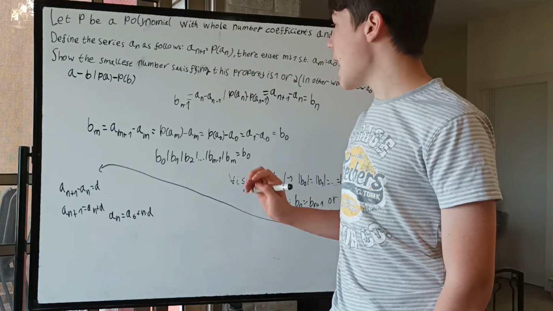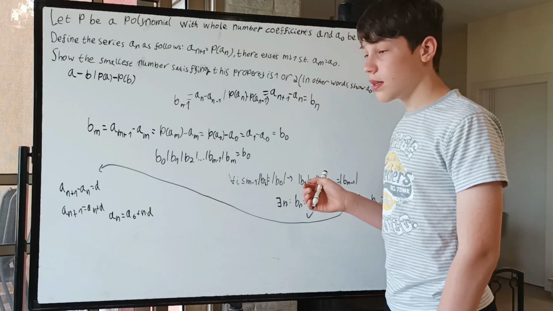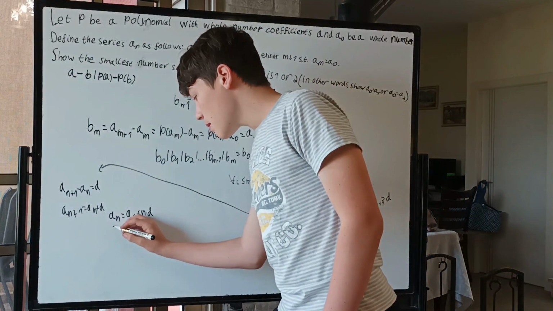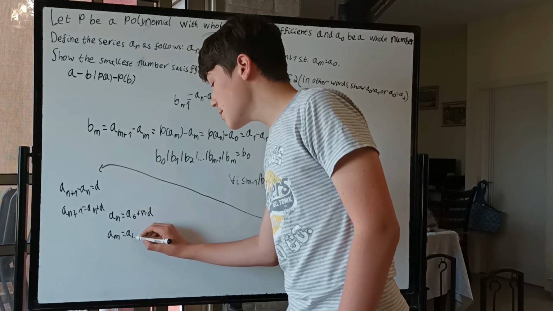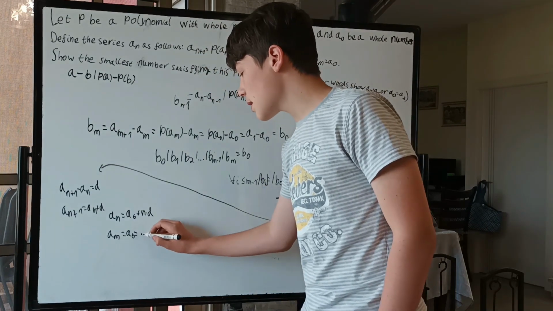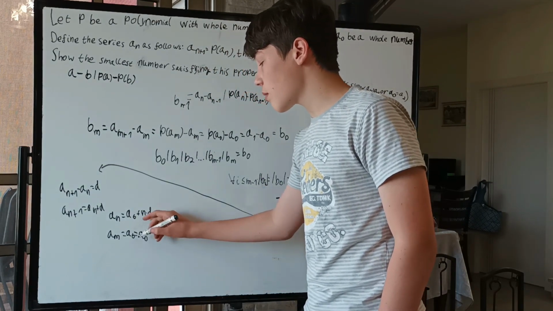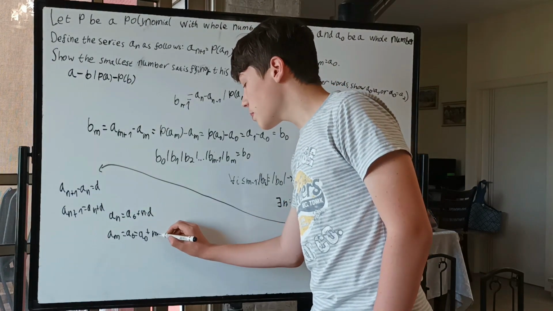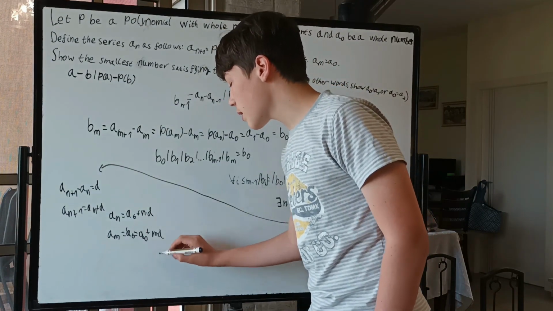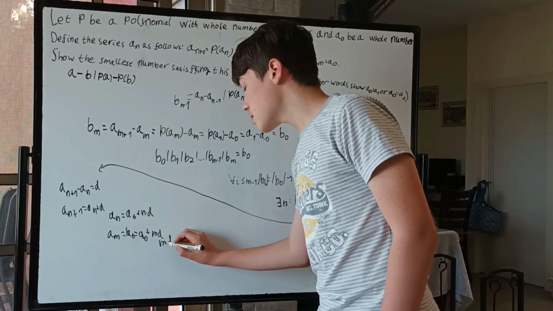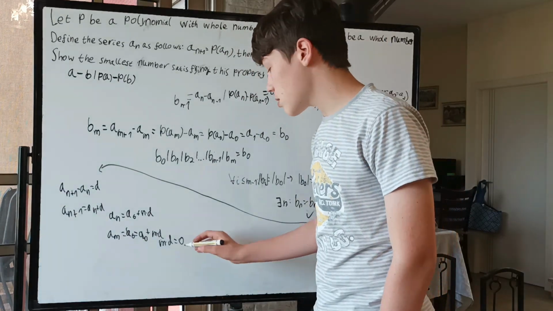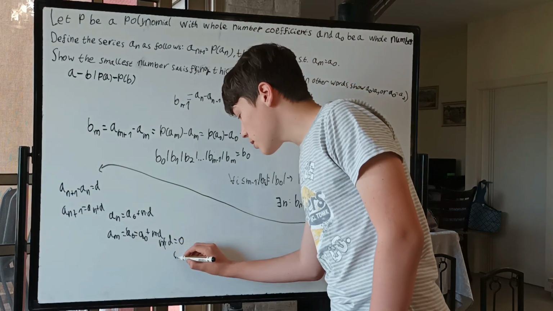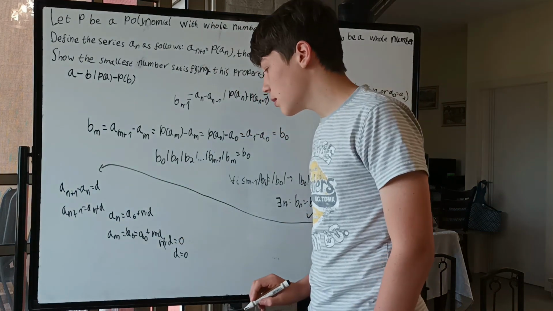But now, am suddenly seems to really help us out here, because am is equal to a0. But this is also, by our arithmetic sequence, a0 plus m times d. So a0 cancels out, m times d is equal to 0, m is bigger than or equal to 1, so we can divide by it, d is equal to 0.